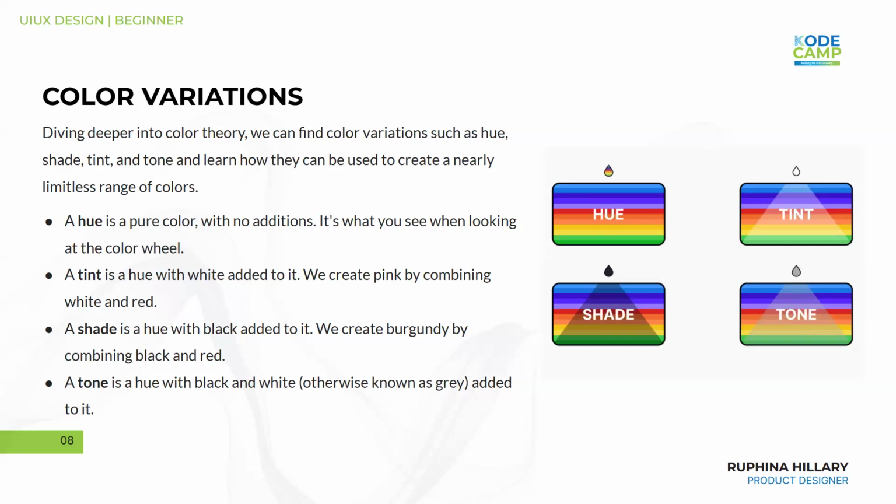The first terminology we're going to look at here is hue. Hue is simply a pure color with no addition. So pure blue, pure red, pure yellow, pure purple is a hue with no addition. A tint is a hue with white added to it. Let's say you combine white and red, it gives you pink. That pink is now a tint of red.